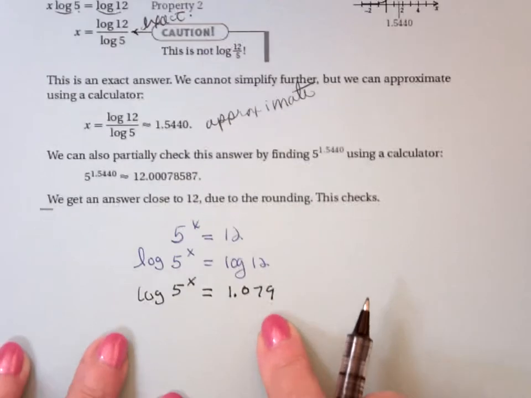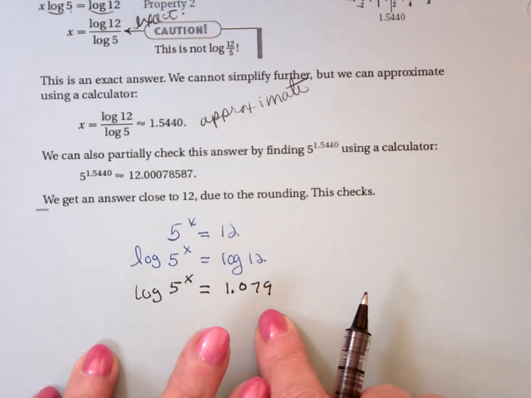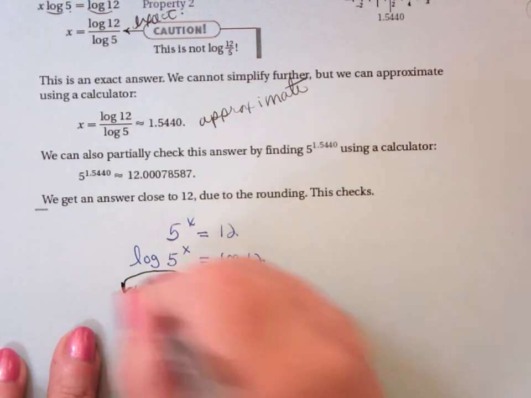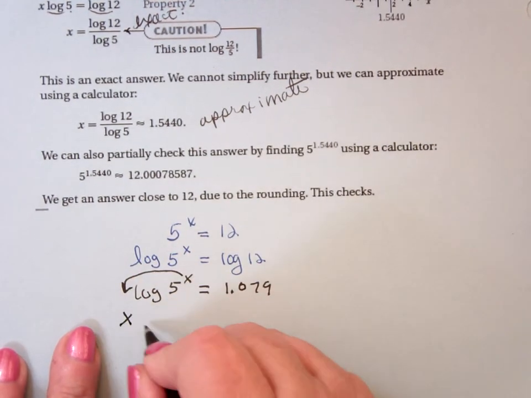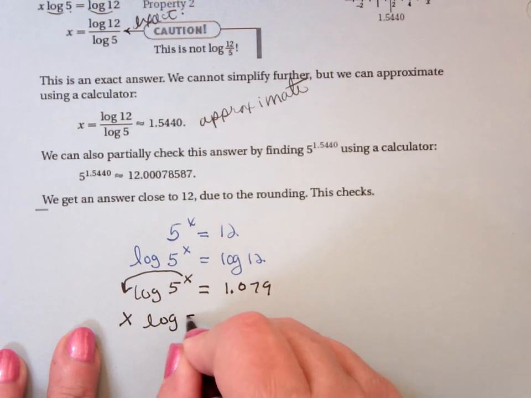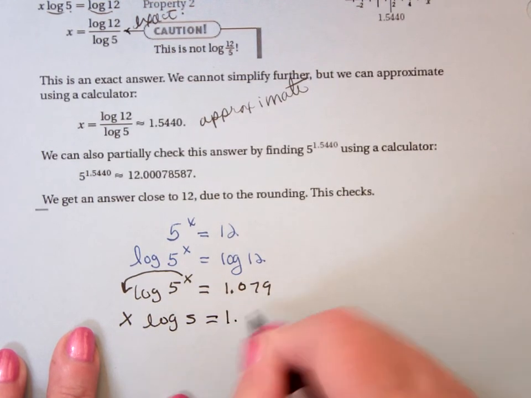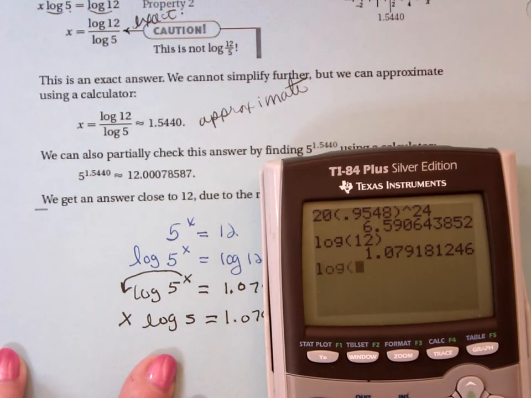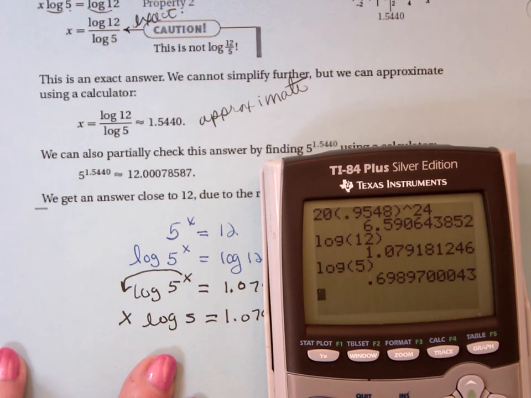Now the problem's not so scary. Use the properties of exponents to bring the x down, so that x times the log of 5 is equal to 1.079. Now the log of 5 is just a number as well. If I take the log of 5, it's 0.698970043. 0.699 would be okay.